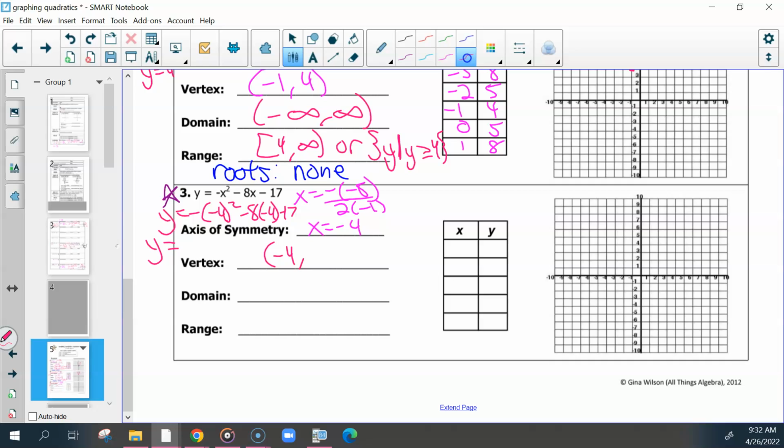One. I'm going to say it's not going to be that because it should be able to hit on the graph.